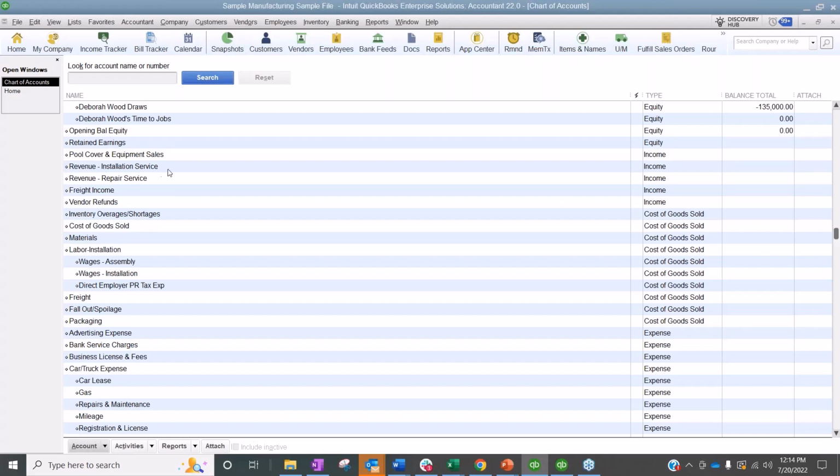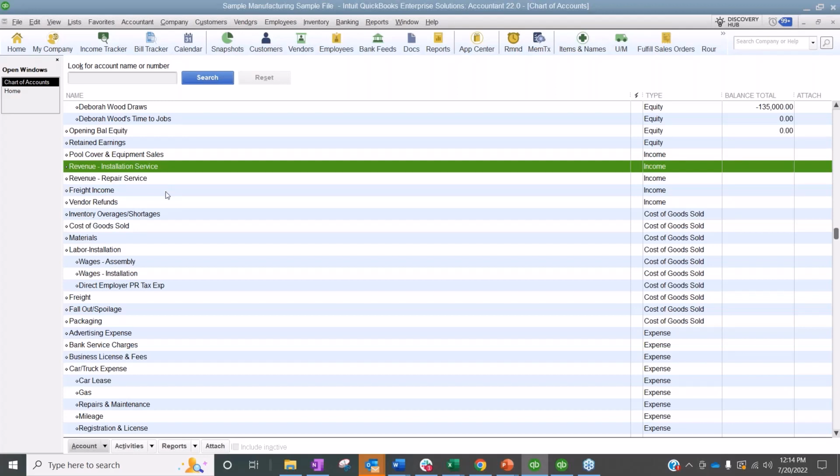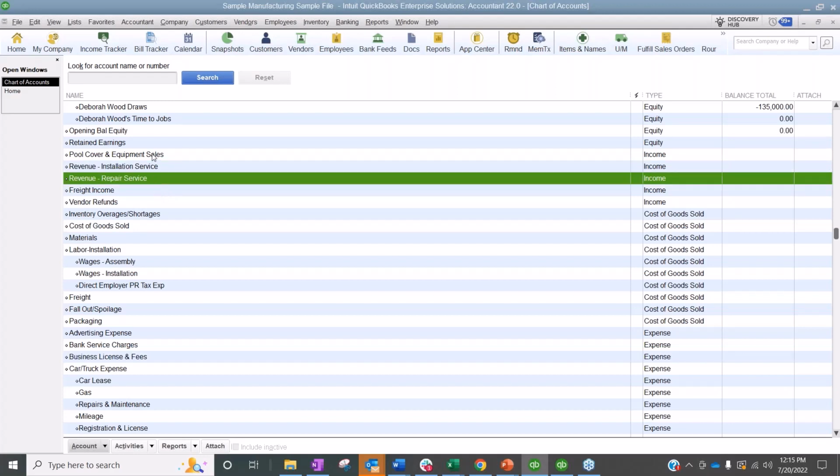Can we get to just our type of income, like repair, installation, equipment sales, and then use other features to track them? So when I start seeing 4 and 5 levels of headers, I start looking at our other options to reduce this.